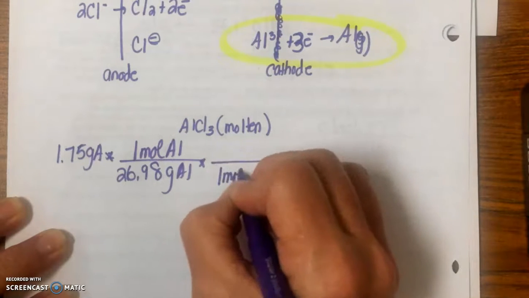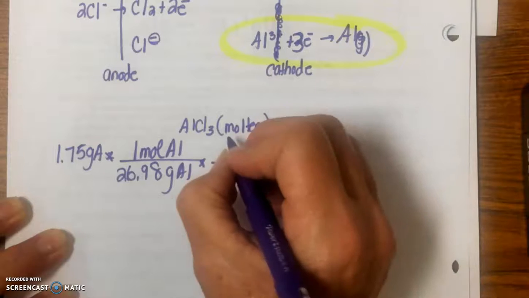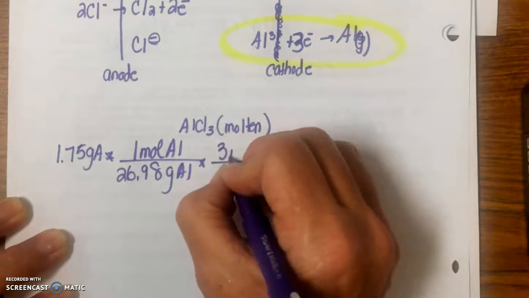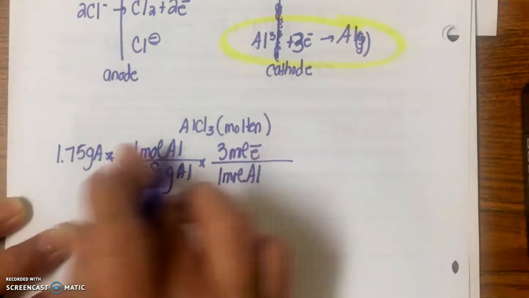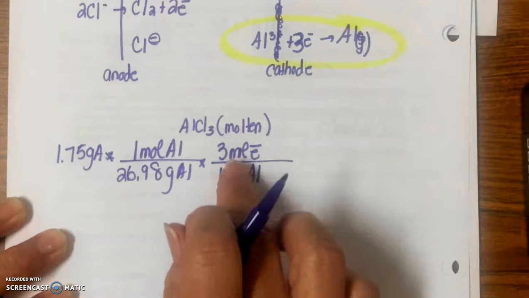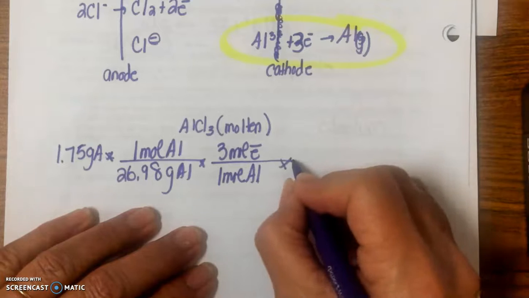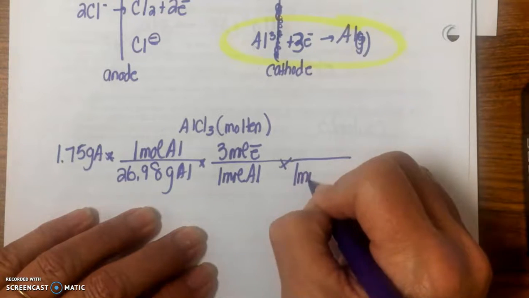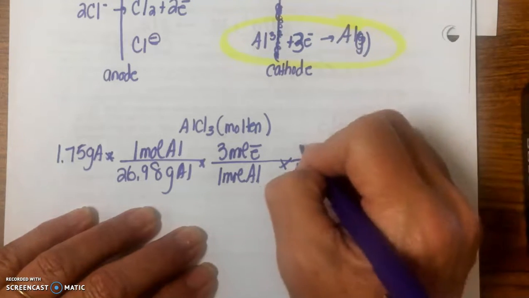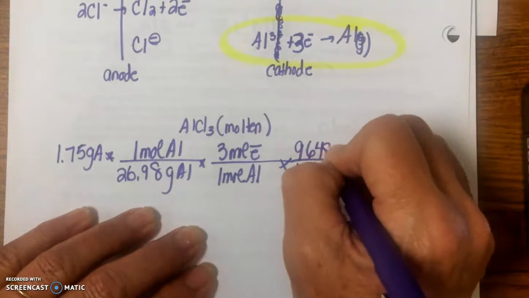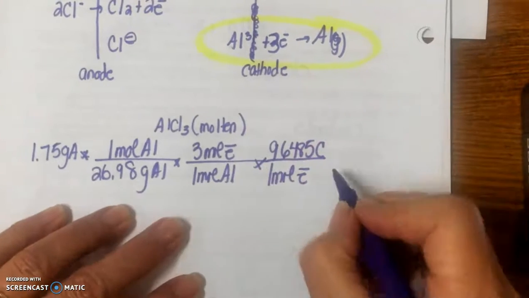1 mole of aluminum is how many? 3 moles of electrons. So now I've gone from the quantity to electrons. Now I can go from electrons. 1 mole of electrons is 96485 coulombs.